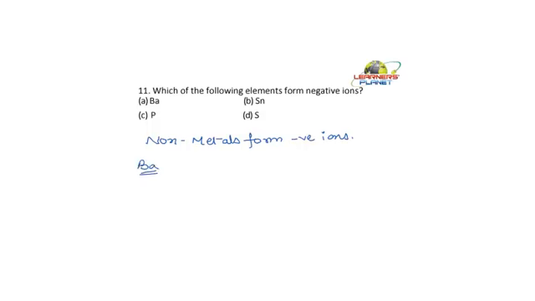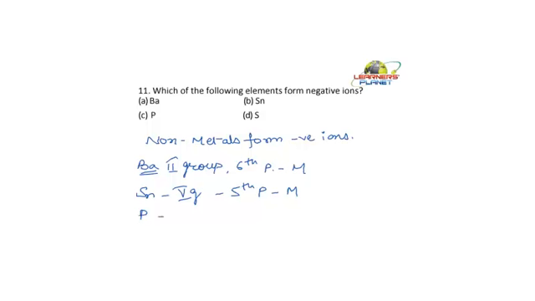Barium. It belongs to your second group and sixth period. So it is what? It is a metal. Tin. Tin belongs where? Fourth group, and it is fifth period. It is again a metal.